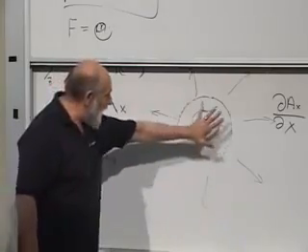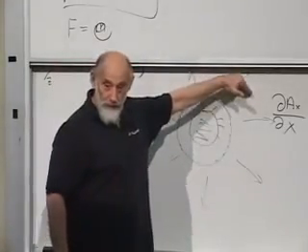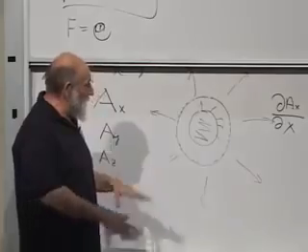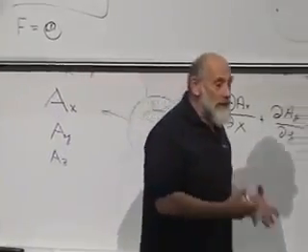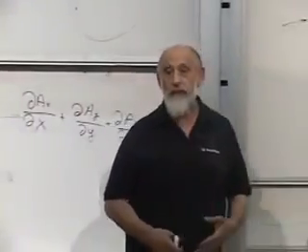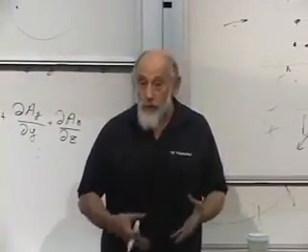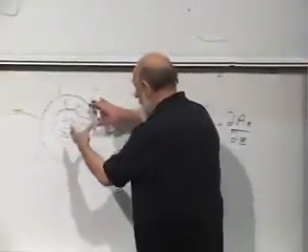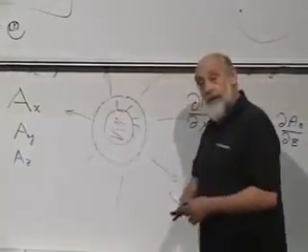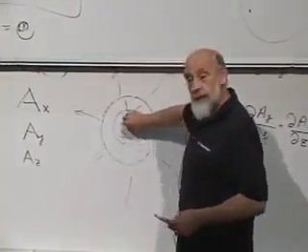No field on the interior of the shell, field on the exterior of the shell. So the consequence is that if you made a spherical shell of material like that, the interior would be absolutely identical to what it would be if there was no gravitating material there at all.